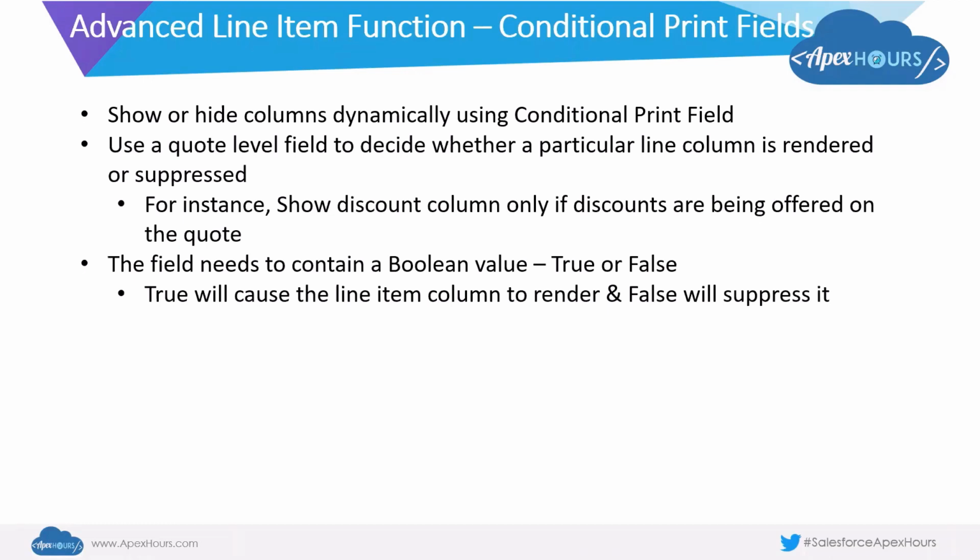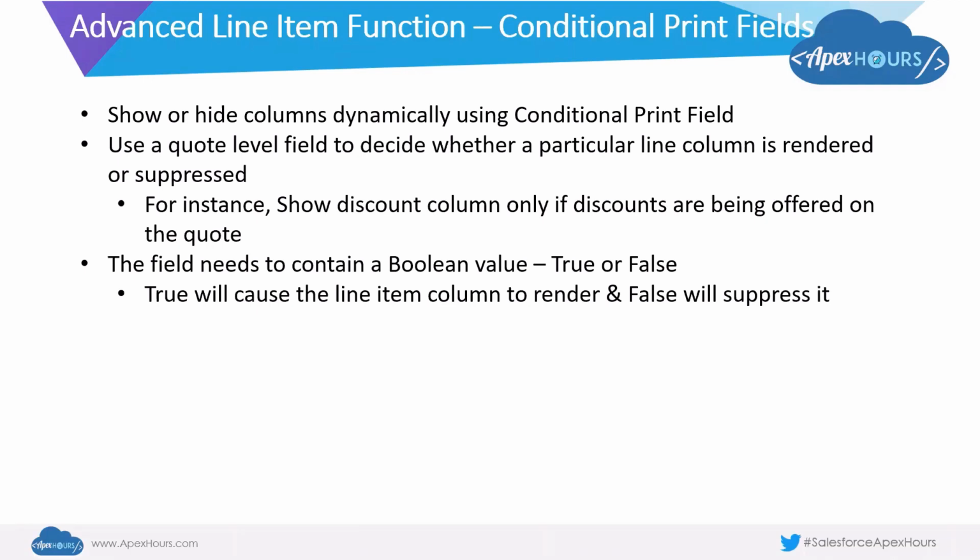We don't want to show this always for all our quotes, but we just want it for those quotes which have a discount applied, because we just don't want to show an empty column, right? So if that is your use case, then you could use the conditional print field to show this particular column only if a particular checkbox is checked.